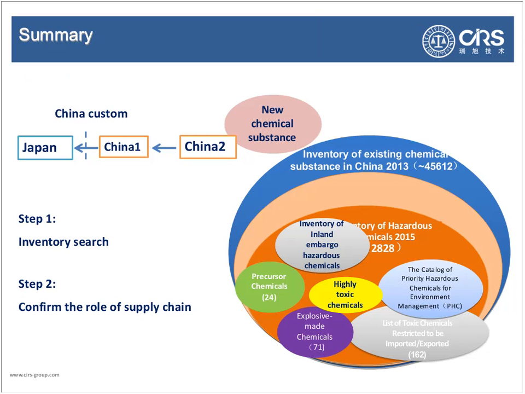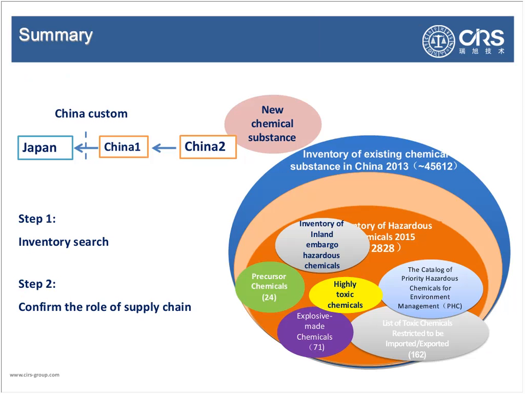For example, if your chemical is a precursor chemical in China, besides fulfilling the obligations of general hazardous chemicals in China, you also have to comply with the obligations of precursor chemicals in China, which are very complicated.